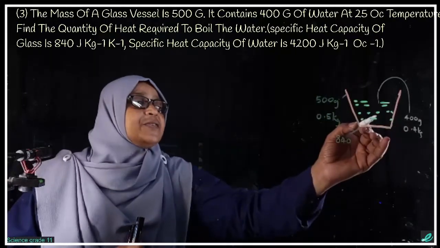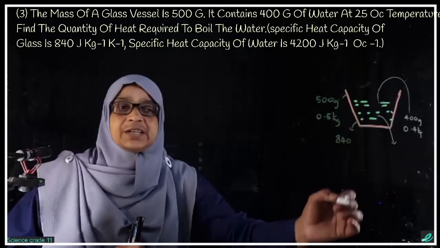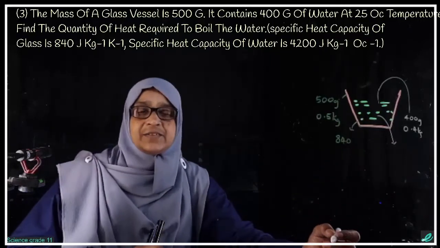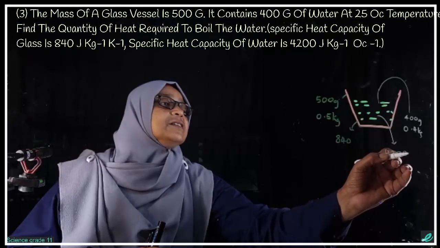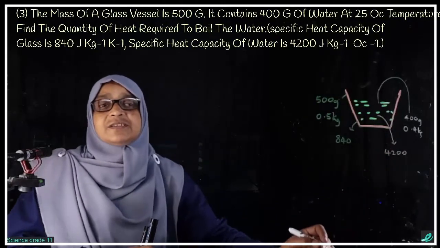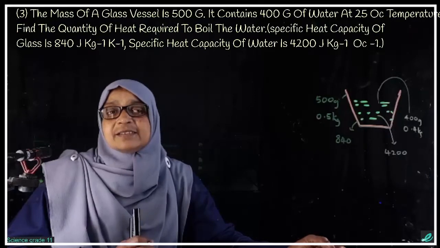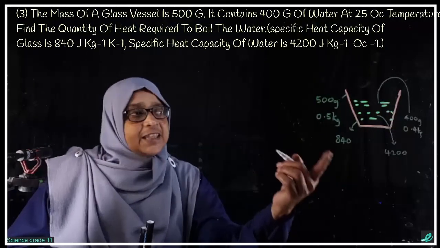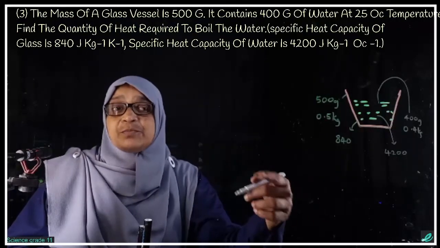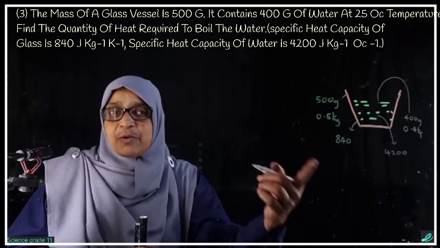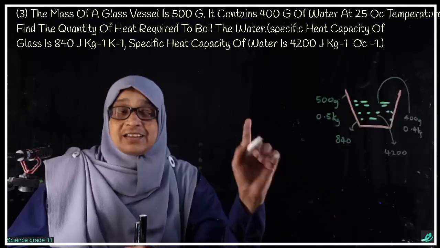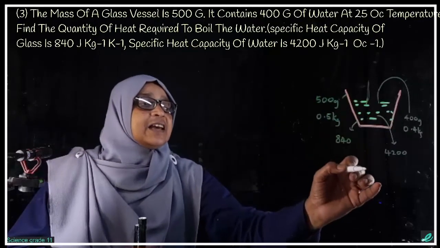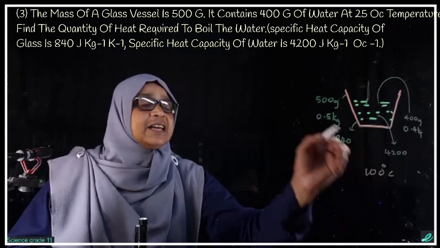What is the specific heat capacity of water? It is given, 400 joules per kg per K. In this case, we have to boil the water. When boiling the water, what is the final temperature? That is 100 Celsius.